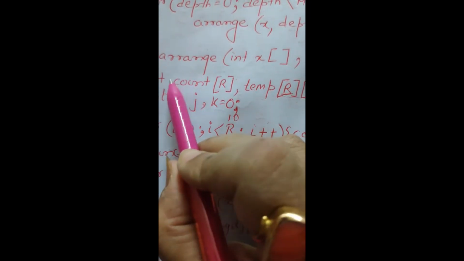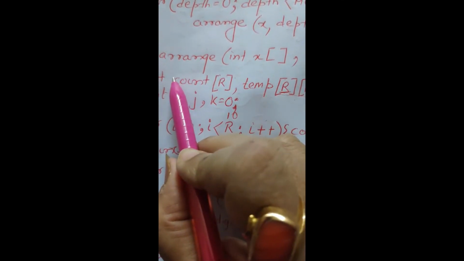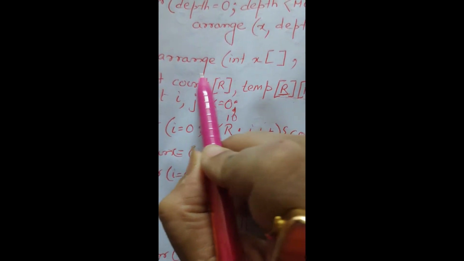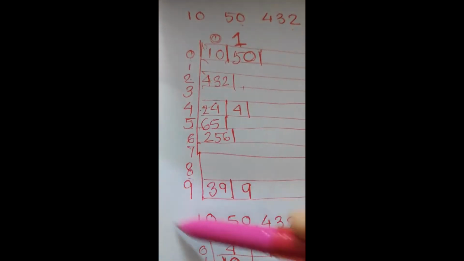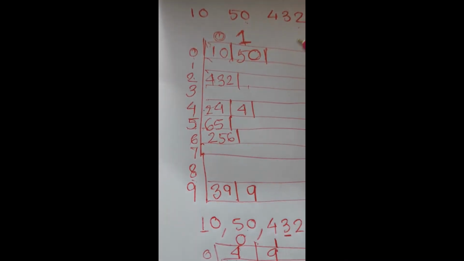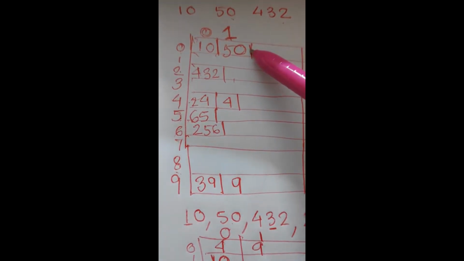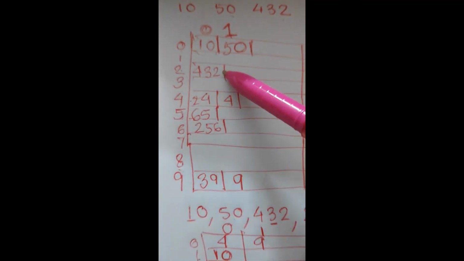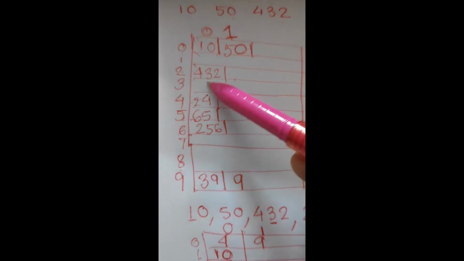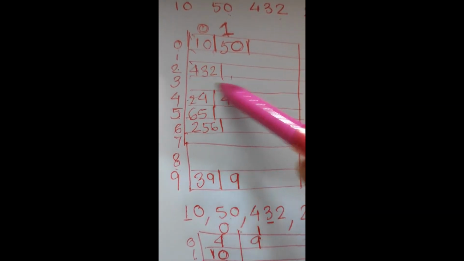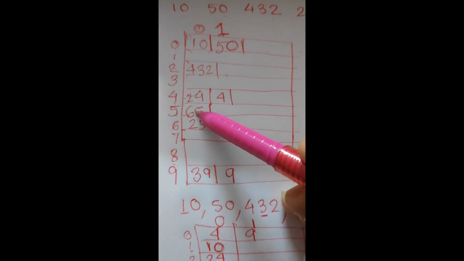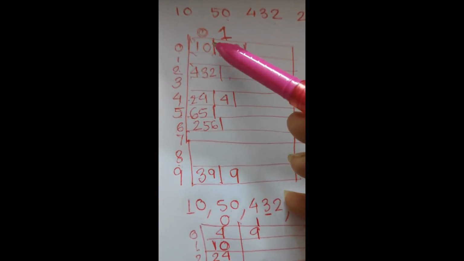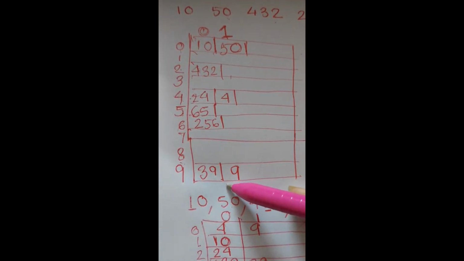This count R is going to keep track of the number of numbers in each of the rows. As we have seen in our example, the number of numbers in each of the rows differ. Over here this row has got 2 numbers, this row has got 1 number, again this row has got no numbers at all, this row has got 2 numbers, again this row has got 1 number. So the number of numbers in each of the rows are different.